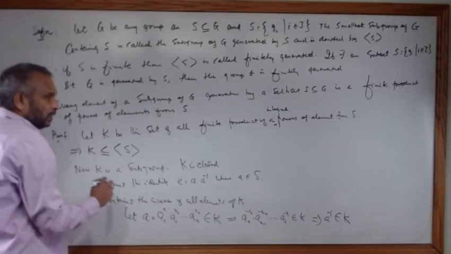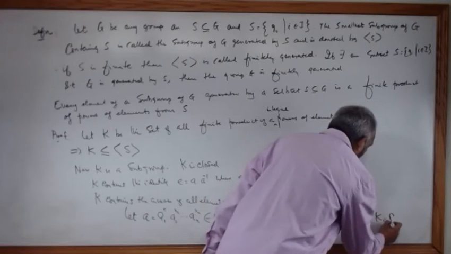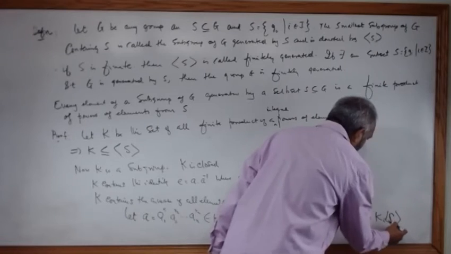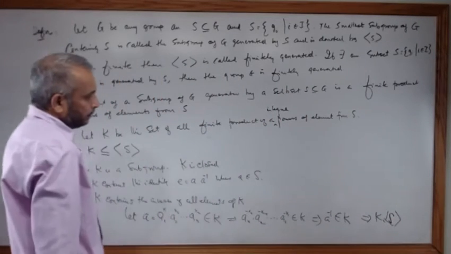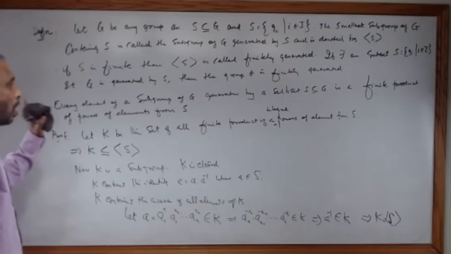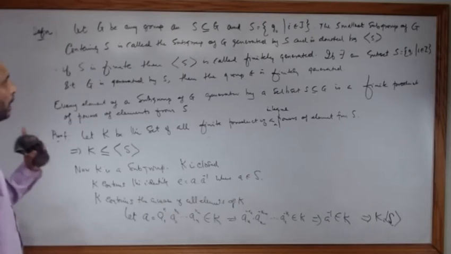So they are equal, and that implies K is equal to the subgroup generated by S. So the subgroup generated by S contains all the finite products of integral powers of elements from S.